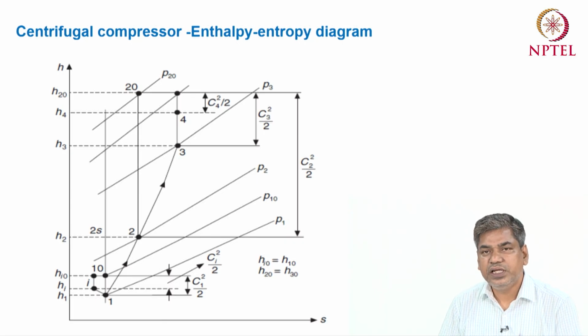Then the refrigerant flows through the inlet guide vane. The outlet condition of the inlet guide vane is the inlet of the rotary vane, and that point is on. During this process the enthalpy will decrease and the kinetic energy will increase.